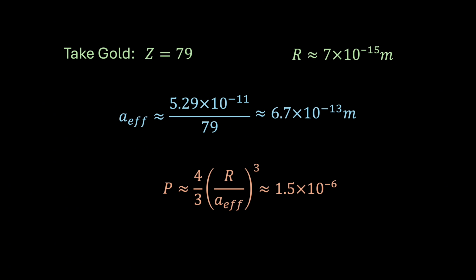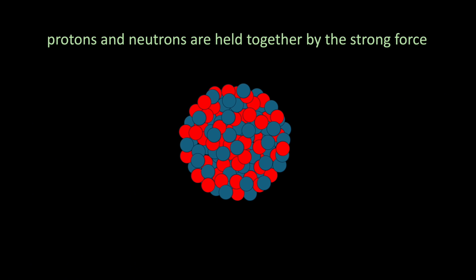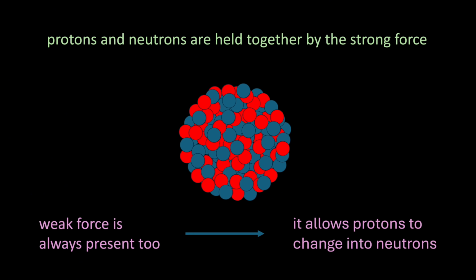Okay, so does this higher probability actually have any observable effect in larger nuclei? Well, as you know, inside the nucleus, protons and neutrons are held together by the strong nuclear force. But the weak nuclear force is also present, and it allows protons to change into neutrons. One way this happens is through electron capture.